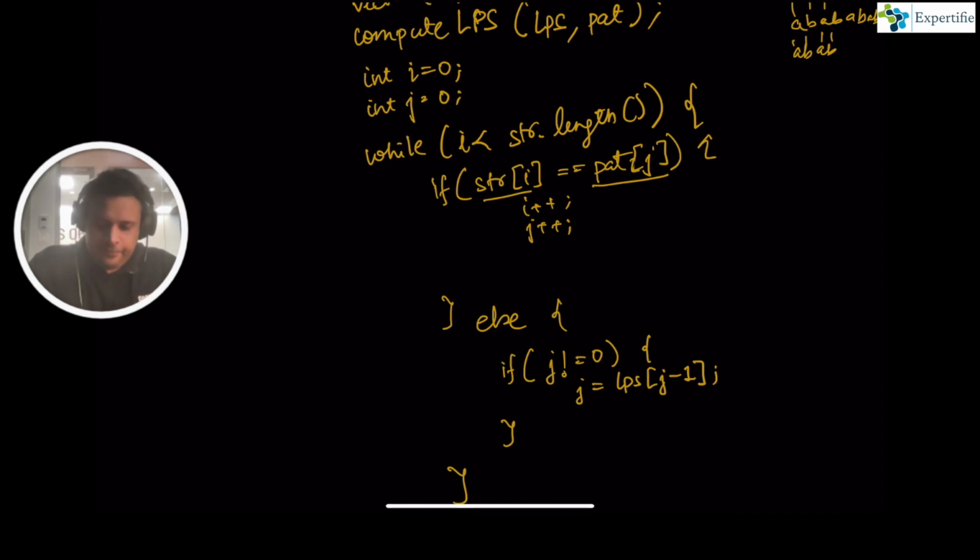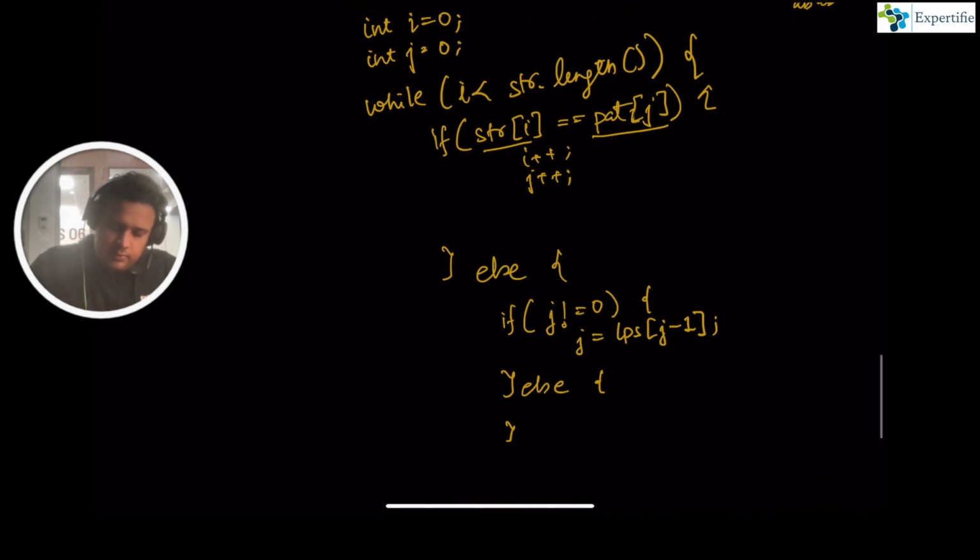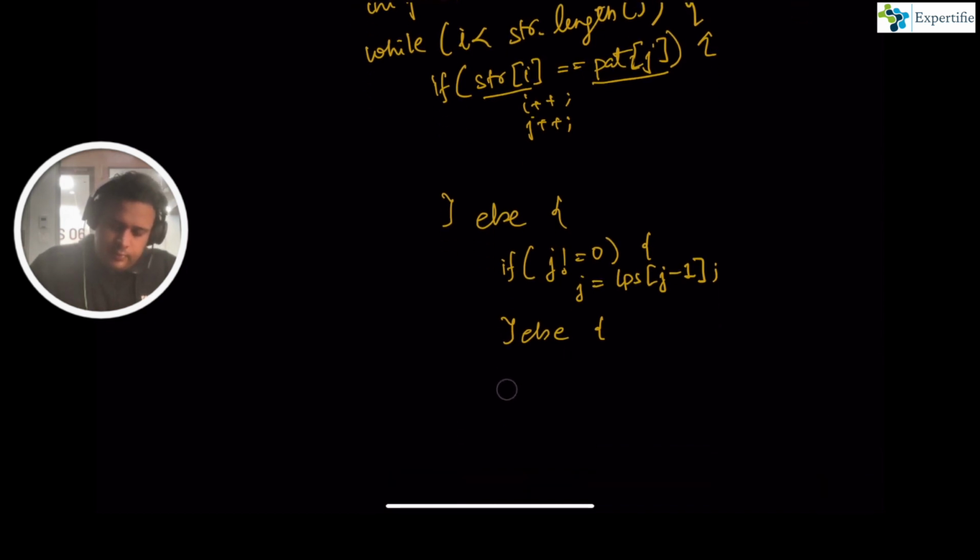Okay, j is equal to LPS of j minus 1, and that's where j is restructured. And if j is equal to 0, then what do we do? So here, if j is equal to 0, then we simply say i plus plus. Okay, so this is what happens here.